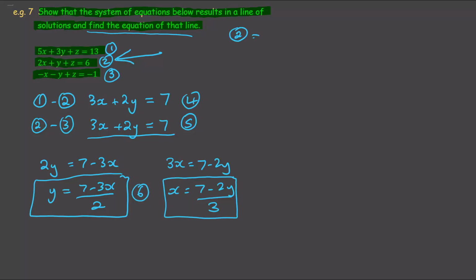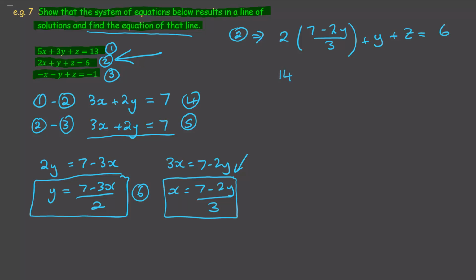So equation 2 becomes, so that 2x, I'm going to replace it from here with twice 7 minus 2y on 3, and then I've got plus y plus z is equal to 6.